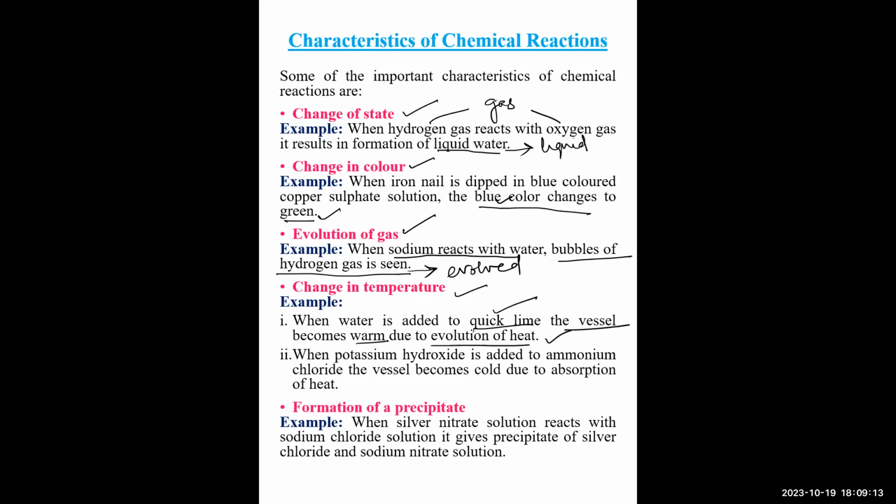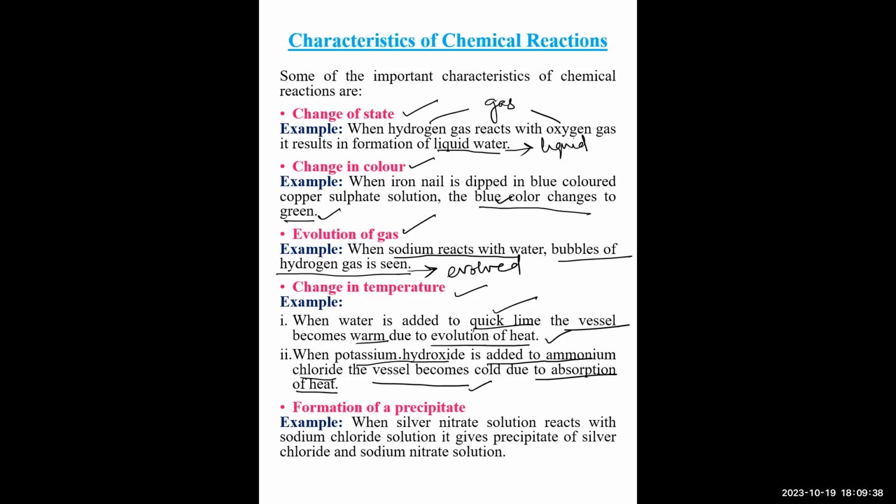So next one, when potassium hydroxide is added to ammonium chloride, the vessel becomes cold. Why is it going to become cold? Because of absorption of heat. Here what's happening? Heat is produced in the first case. In the second case, heat has been absorbed.